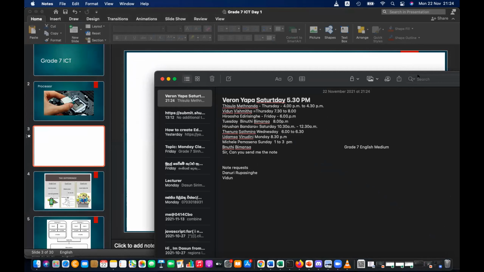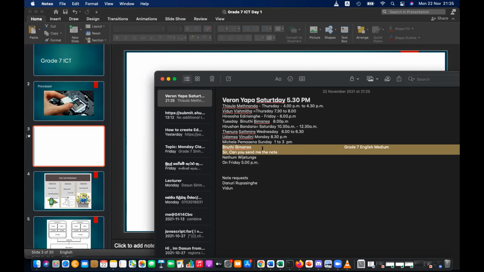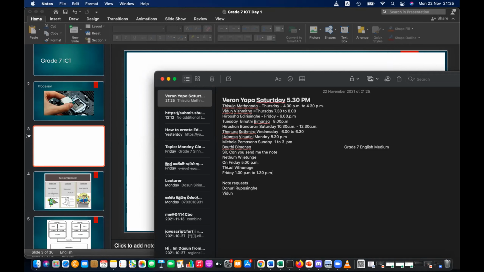Okay, Netum's one I think I have done. Thisal's one, I put that also. If you have not booked the practicals, please tell me, then I can arrange that. I can copy and paste the session for the moment. Later, I'll arrange your one also.